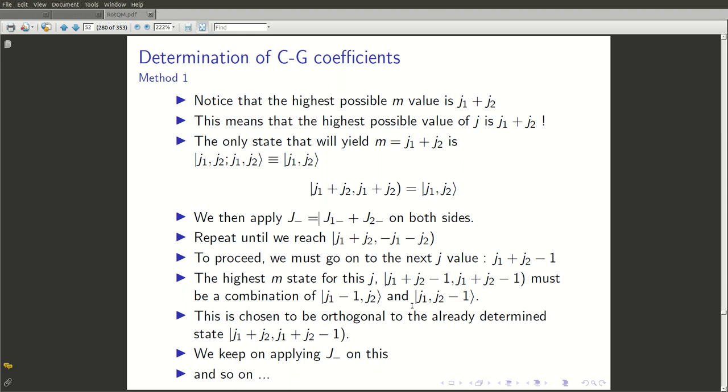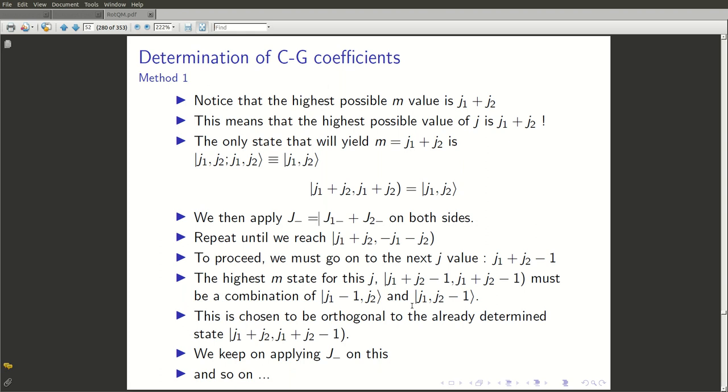If you keep track of exactly how many states you are getting, you will be able to show that by the time you get to J1 difference J2 and find out all the states corresponding to that, you have found exactly twice J1 plus 1 into twice J2 plus 1 states, which means that you have found out all the independent states that there can be in this particular problem.